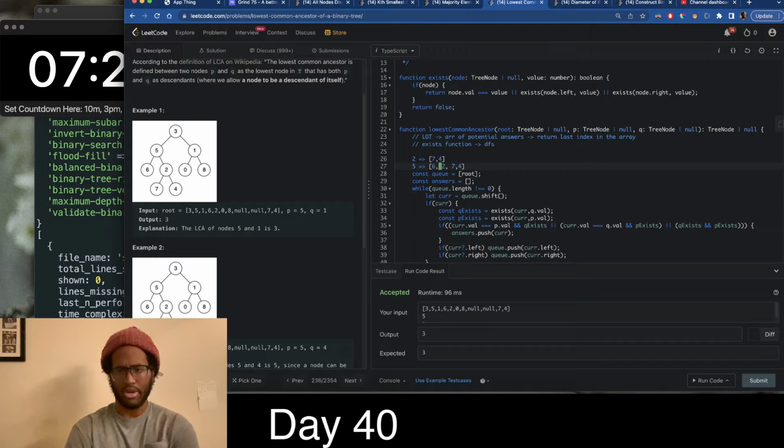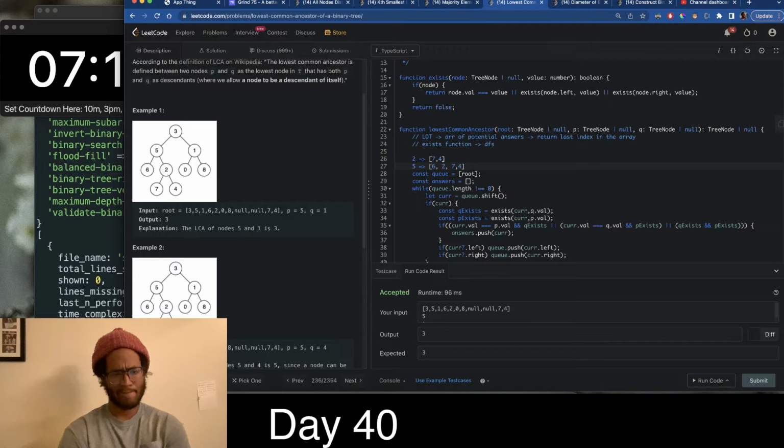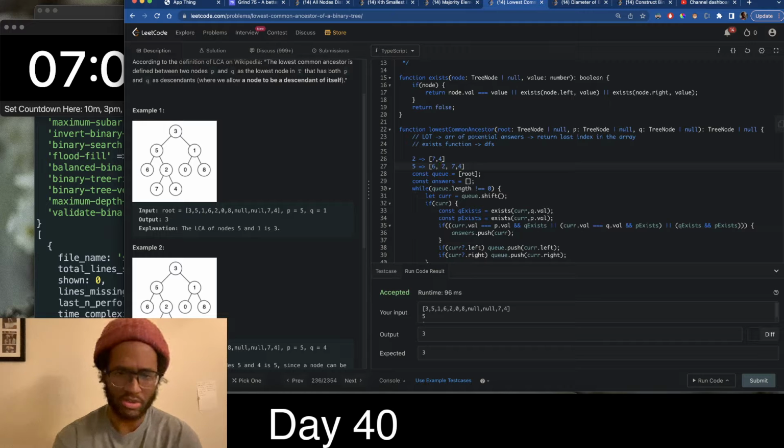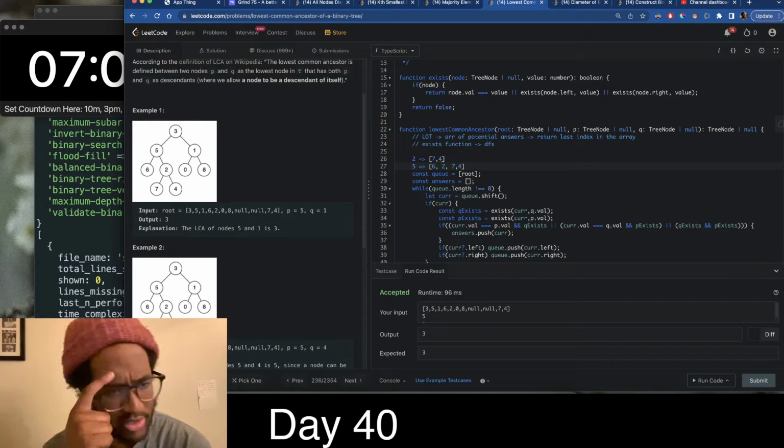So what we're doing right now, exists of node.left or value, maybe we can use level order traversal to our advantage instead.